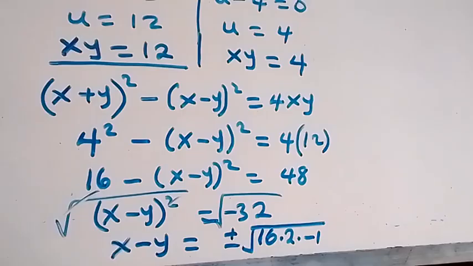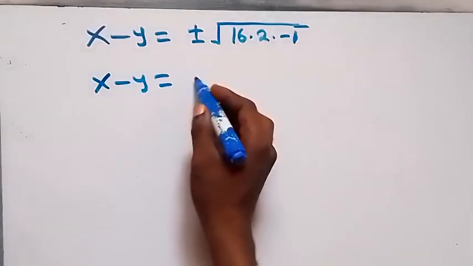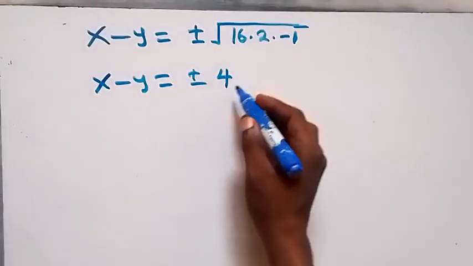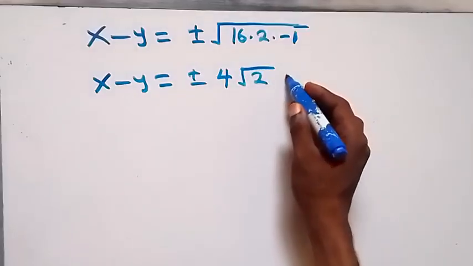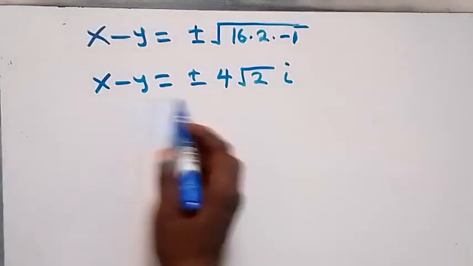And this will also become x minus y equals plus or minus, here root 16 is the same thing as 4, then we have root 2, then root minus 1 is the same thing as i. So we have plus or minus 4 root 2 i from here as x minus y.